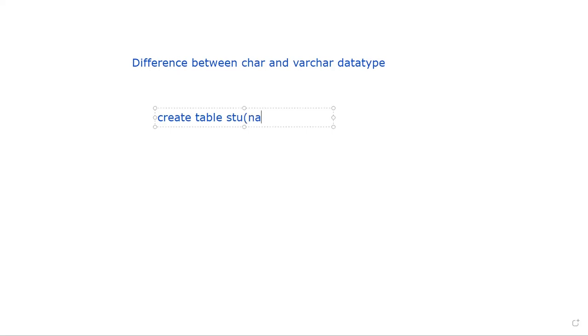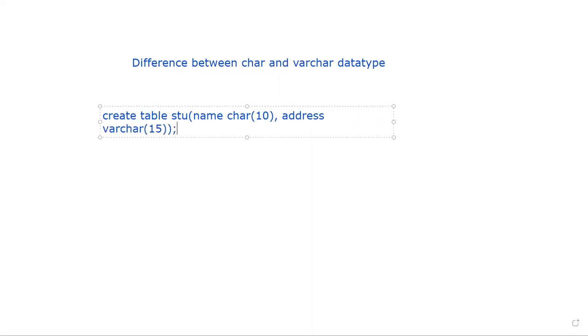Then for name, I can write char of 10 or varchar of 10. Now we are taking both the examples. And for address I am writing varchar of, suppose, 15.